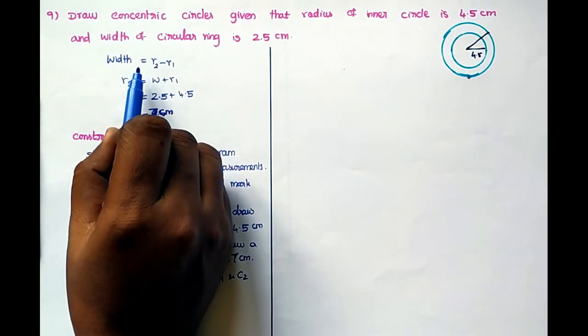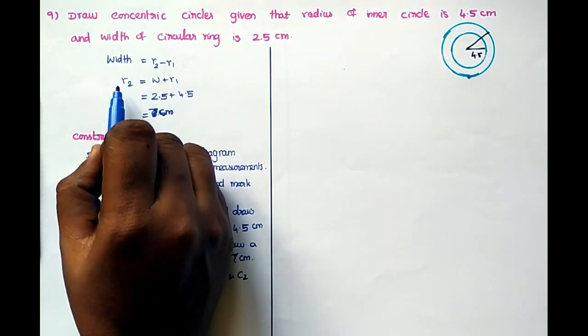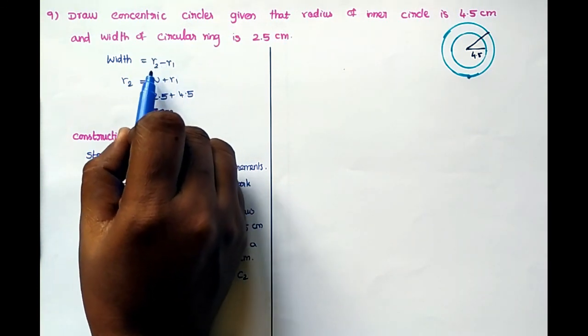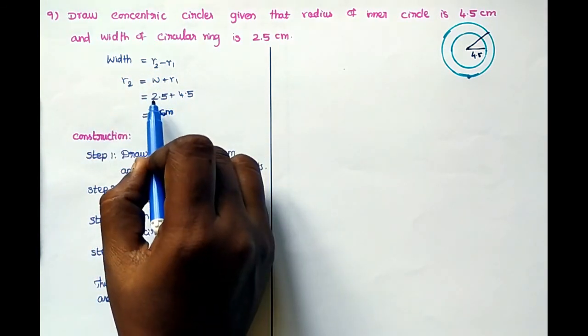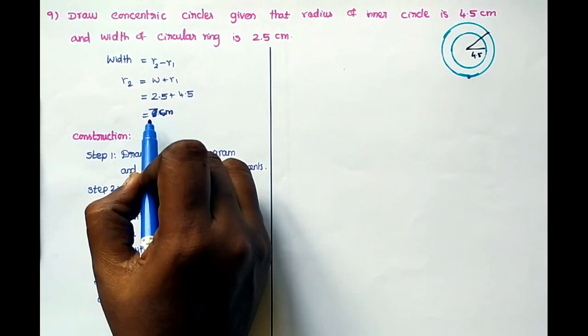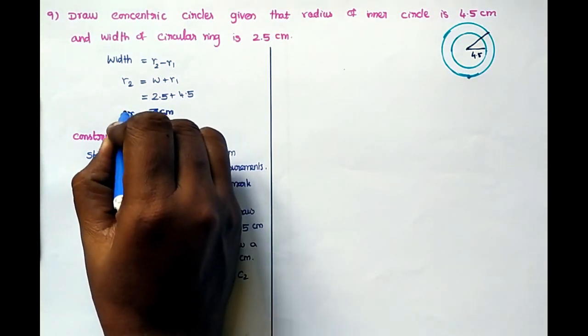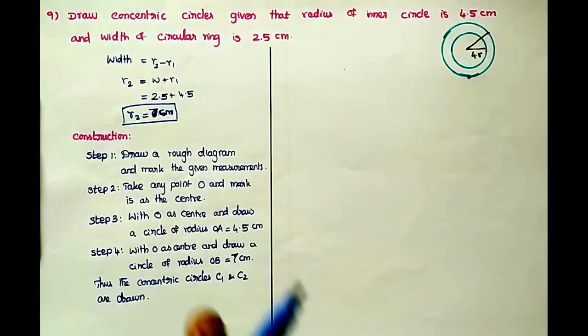First, width equal to R2 minus R1. We know this formula. So R2 equal to width plus R1. So 2.5 plus 4.5, we get 7 centimeter. Outer radius is 7 centimeter.